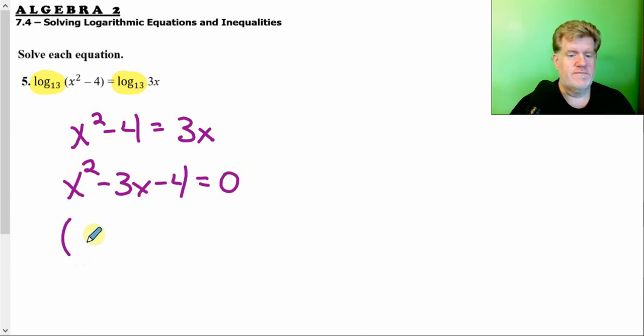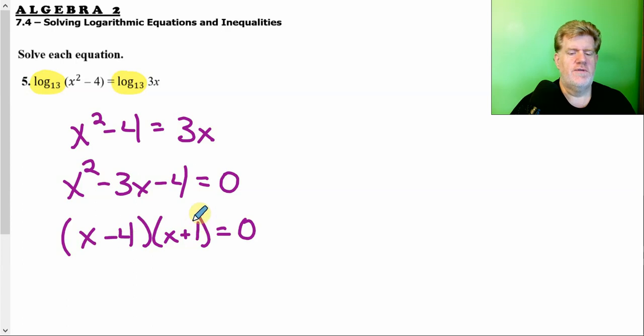Then we factor. Let's see what two numbers we would use in this case. Looks like negative 4 and a plus 1, because negative 4 times plus 1 is negative 4, and negative 4 plus 1 is negative 3. So our two answers are 4 and negative 1.